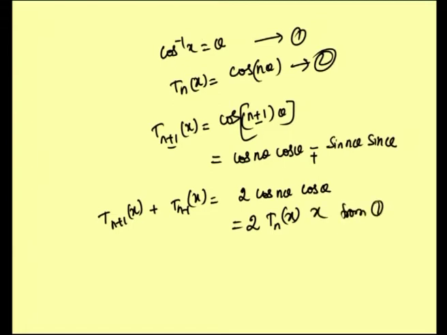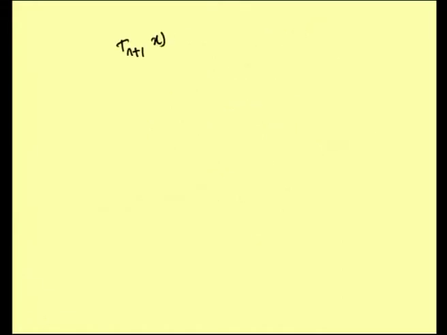So, T n plus 1 of x is equal to 2x T n of x minus T n minus 1 of x, where n is greater or equal to 1. Call this equation 3.